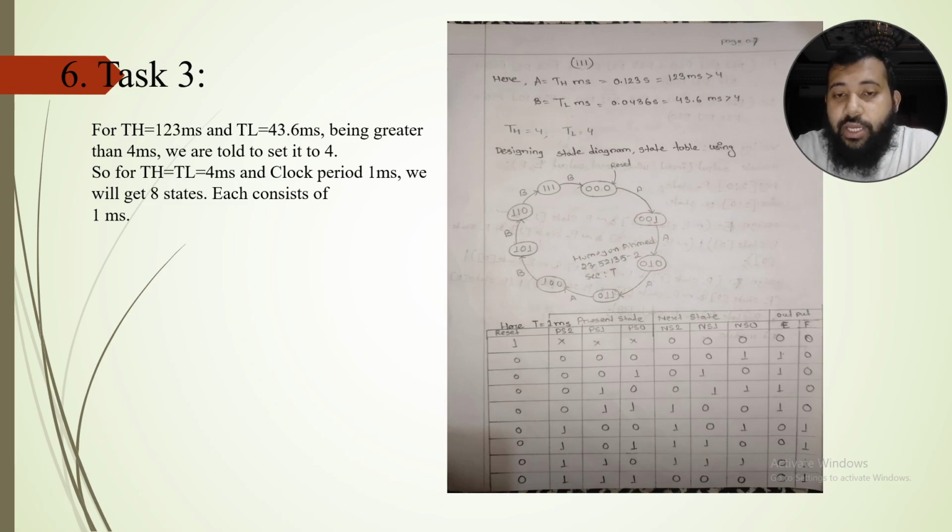We can also see the table here: with the reset button, the present state is don't care, the next state will be 0, and the output is 0. After that, the next state shifts into the present state, and it continues working.